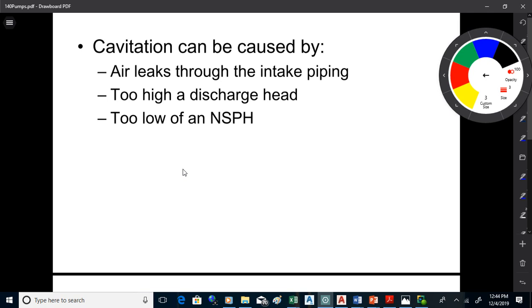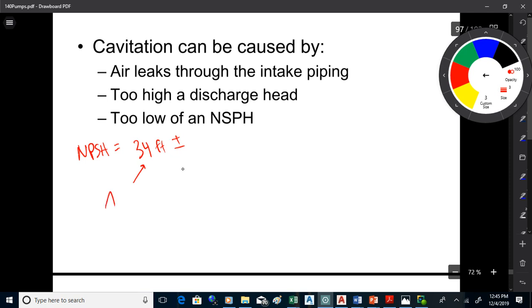That's another thing that can cause cavitation. And the last thing is too low of an NPSH. What NPSH is equal to is 34 feet, basically, plus or minus depending on your elevation. That's basically atmospheric head, and that's what you start with.